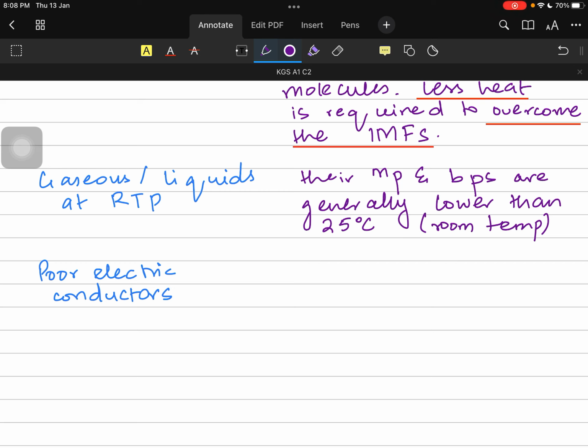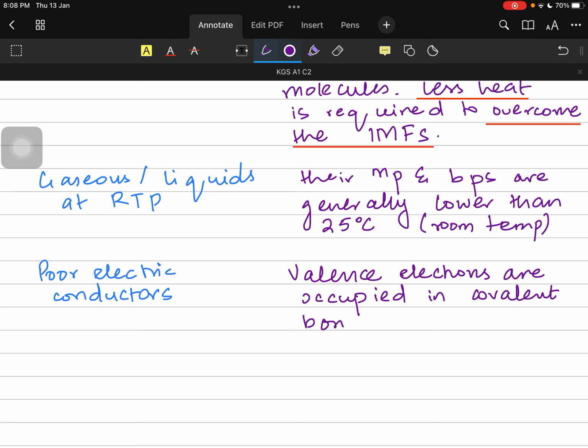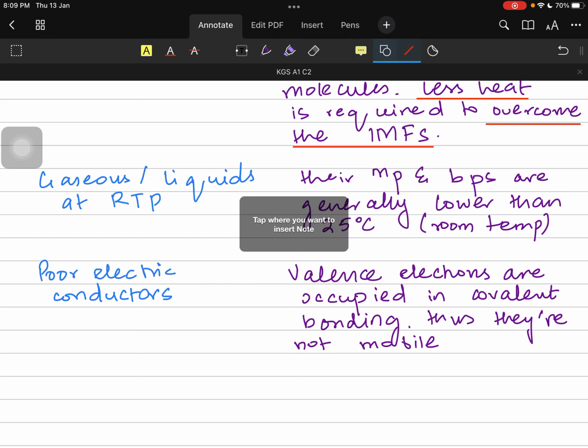You can mention that their valence electrons are occupied in covalent bonding and cannot be mobile. They are not able to flow. So the keyword here is that valence electrons are occupied in bonding and are not mobile.